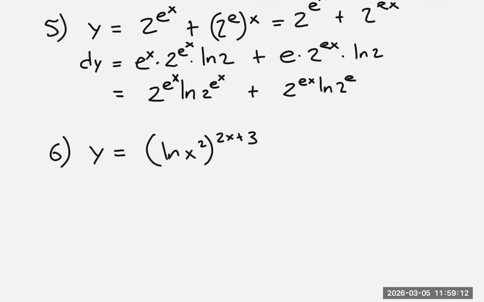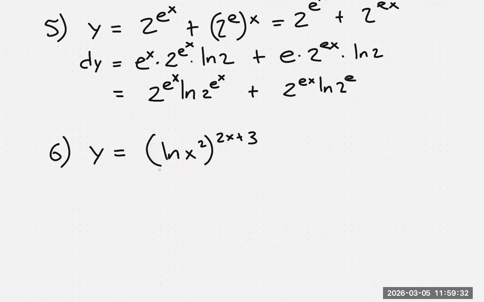So, to differentiate this now, we have a function, ln x squared, raised to a function. But what makes this one not too hard, well, let me not say anything. What would you do? Oh, all right.